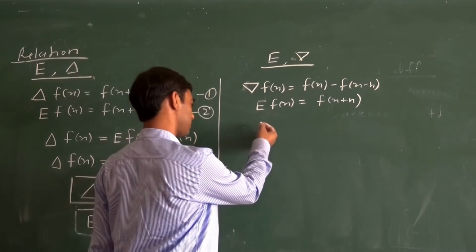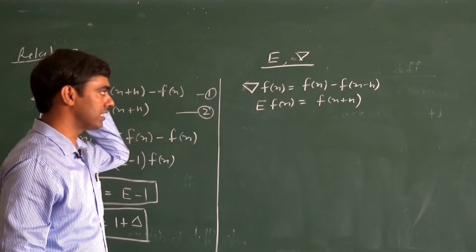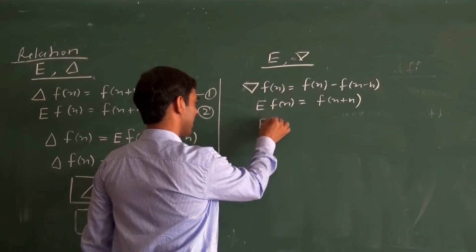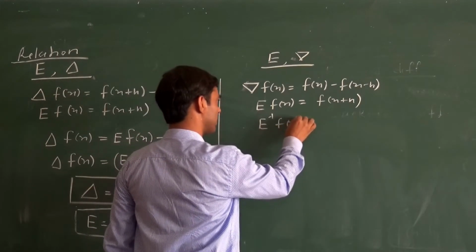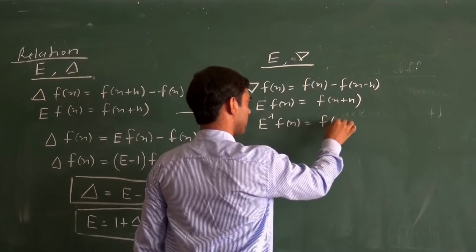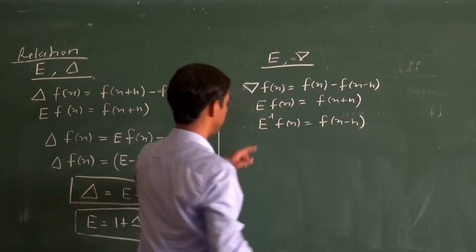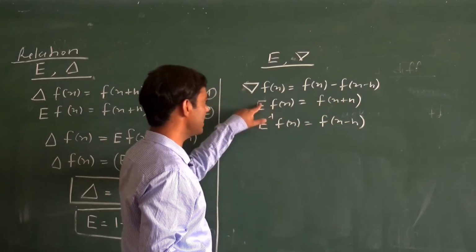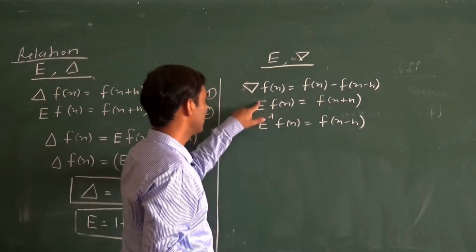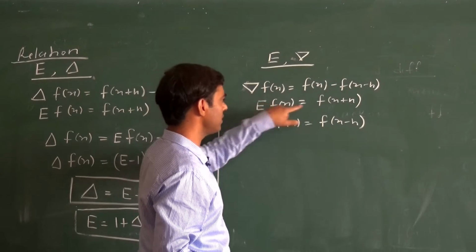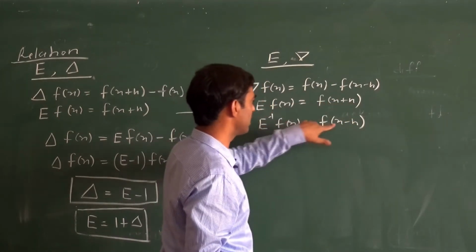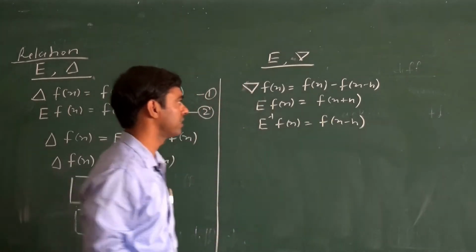Now, if E f(x) is f(x+h), then what is E inverse f(x)? It is f(x−h). E f(x) gives f(x+h), E squared gives f(x+2h), third order gives f(x+3h), and E inverse gives f(x−h).